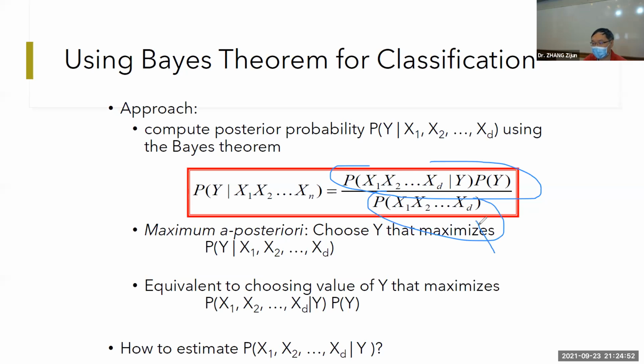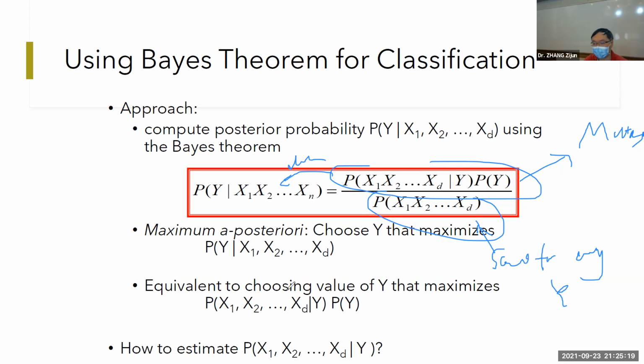The bottom one is the same for every y, and the top one matters. So the top term determines the result.